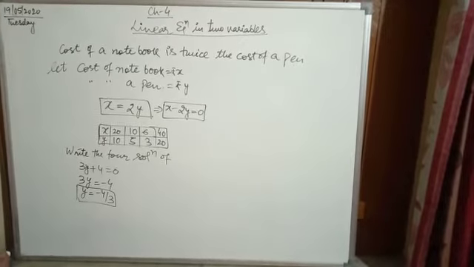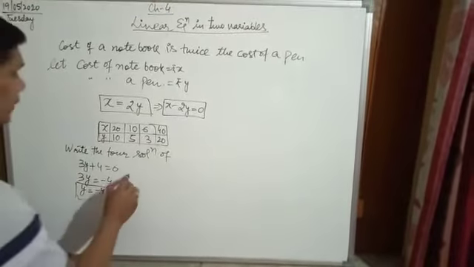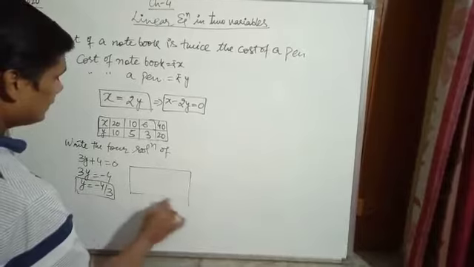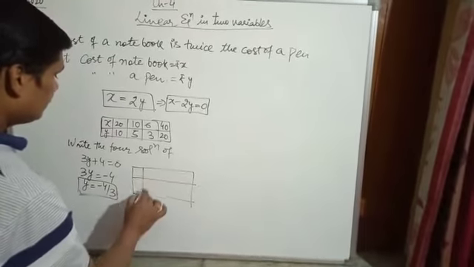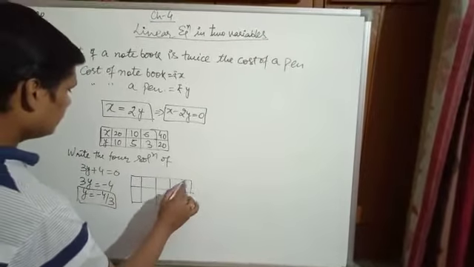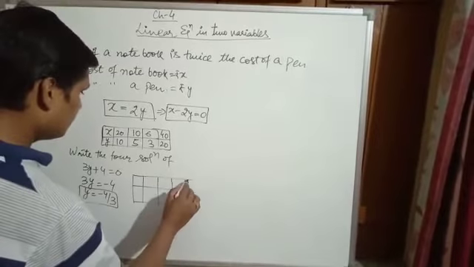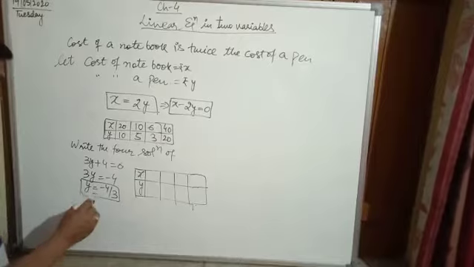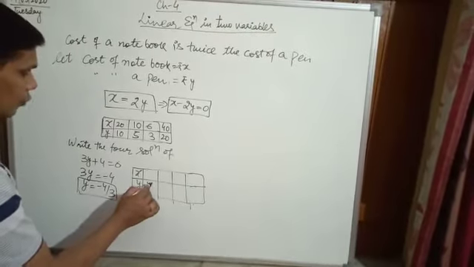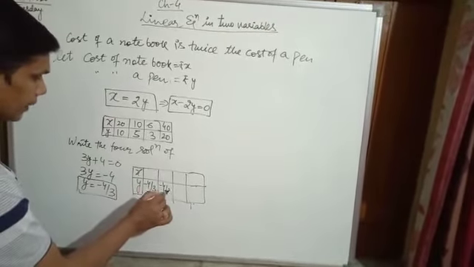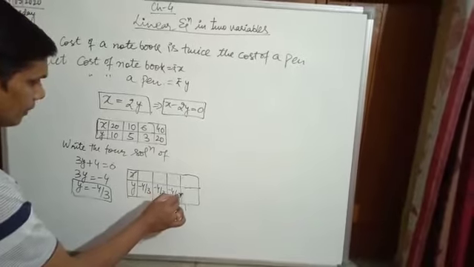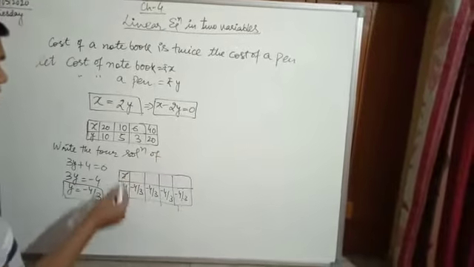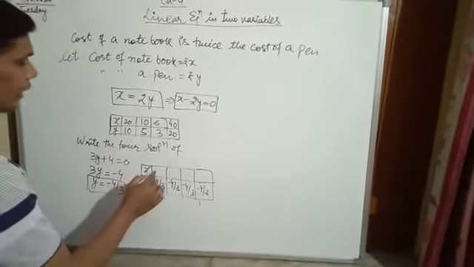If we want to write the 4 solutions, then what will we write? We will write it as: this is x, this is y. y will always be minus 4 by 3. Everywhere y will be minus 4 by 3, and we can write any value of x.